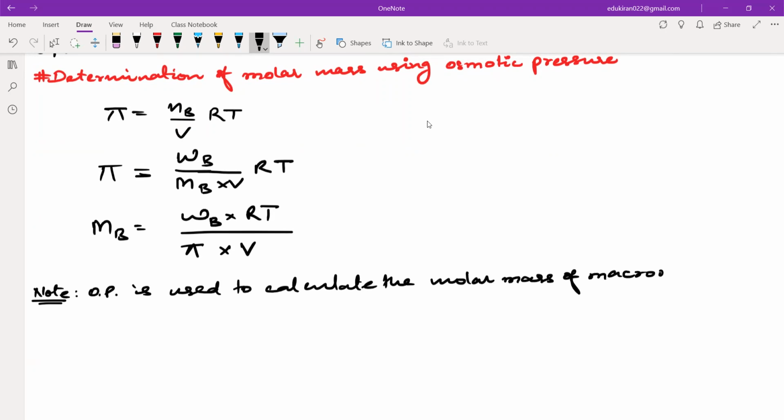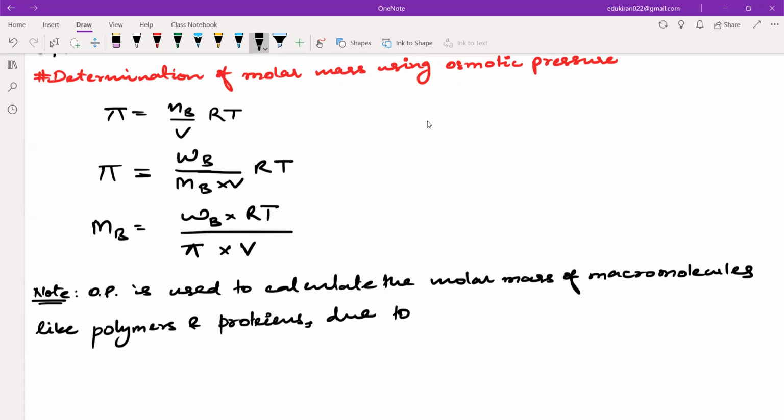Macromolecules means big molecules, like polymers and proteins. Why? Because of ease of measurement and accuracy.